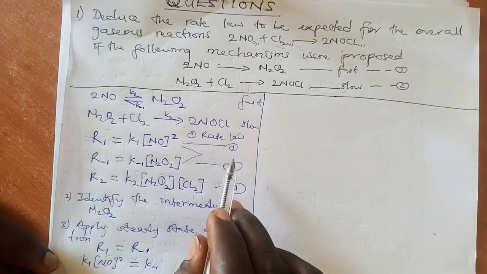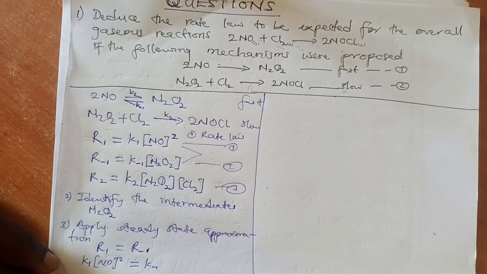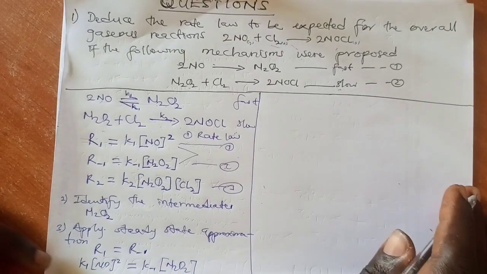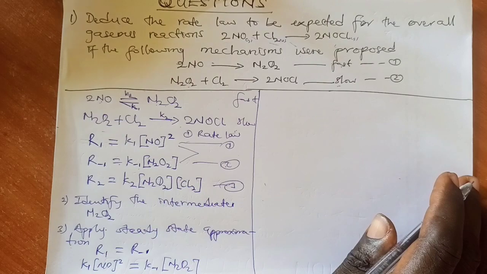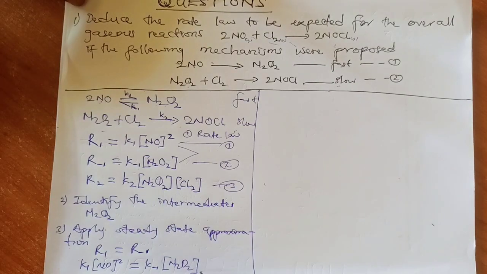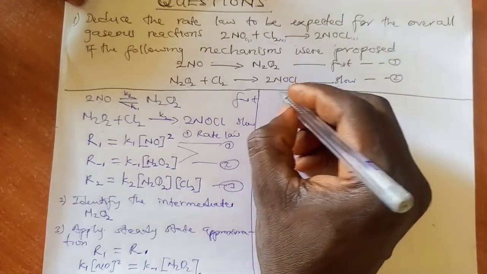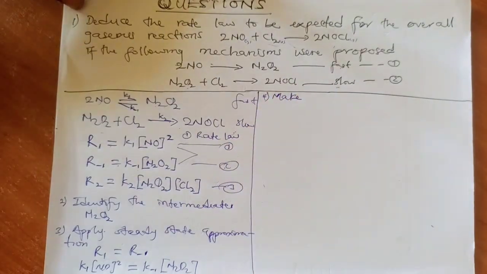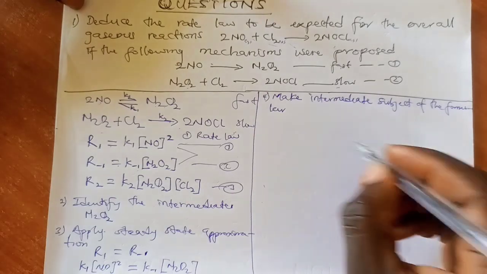I am equating 1 and 2 together, which will give me this N2O2. So number 4: make the intermediate the subject of the formula.